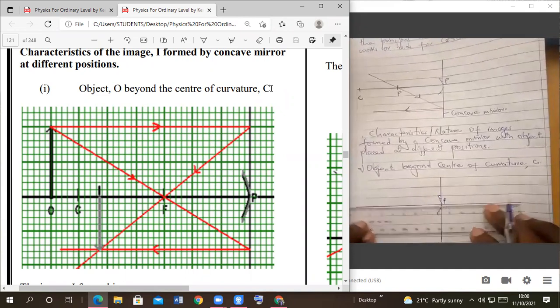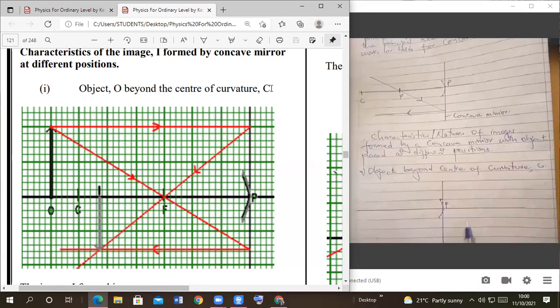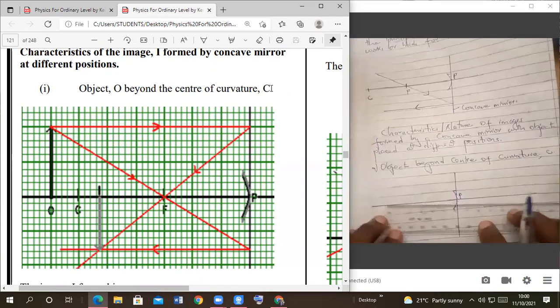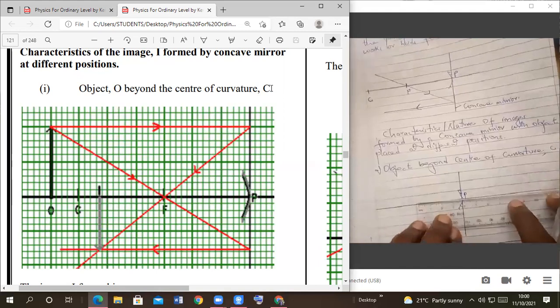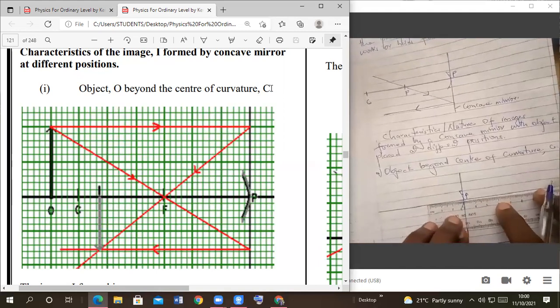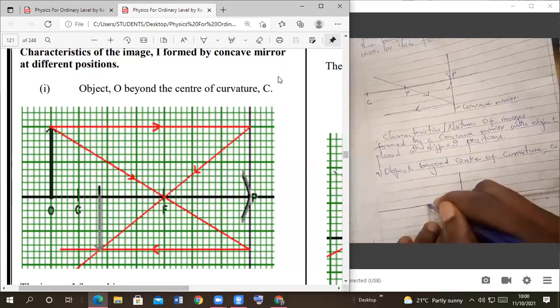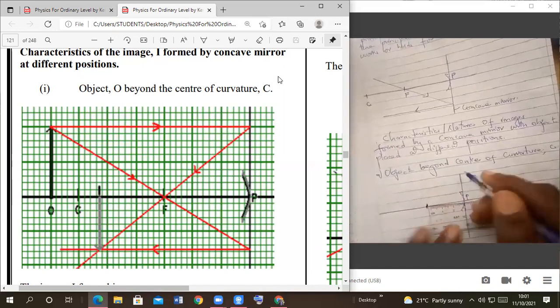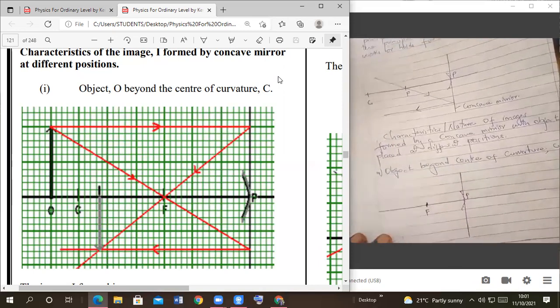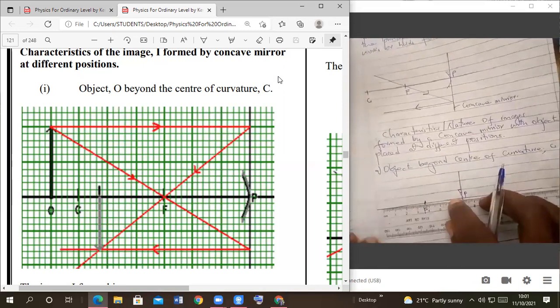Let me assume the distance from here, let me take it to be 3. So mine will be here. So this is my principal focus. Measure yours. You can put it to any distance, but they must be equal.